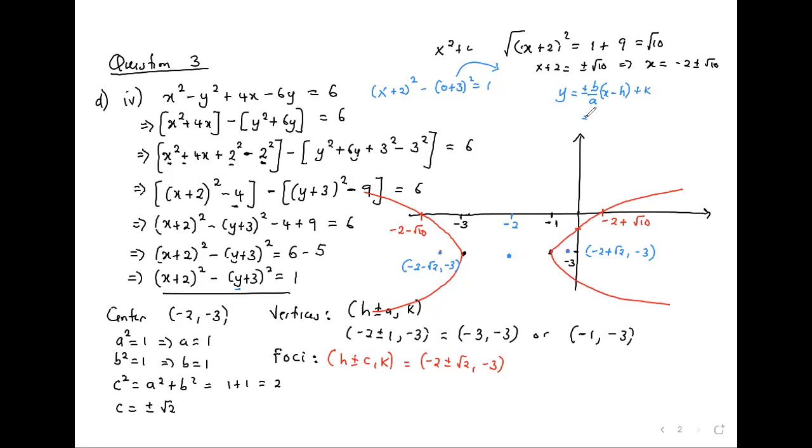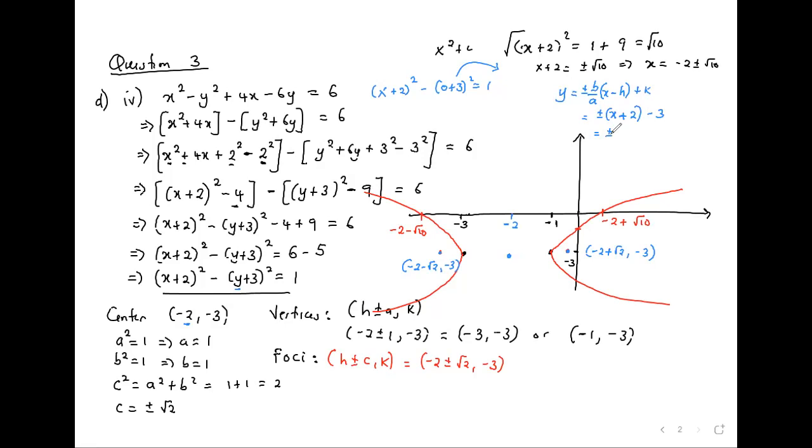So we're just having plus or minus (x plus 2) minus 3, because our h is negative.